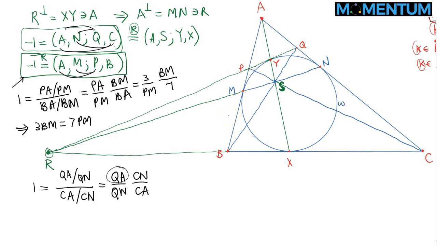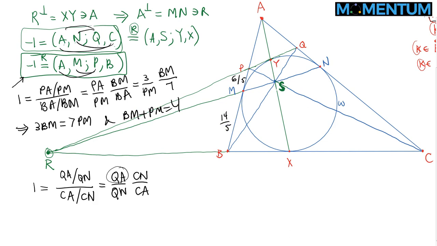So all you need now is to solve these two, and knowing that BM plus PM is equal to 4, if you solve it like we did in our first solution, you will get that PM comes out as 6 over 5, and from there you can also get BM as 14 over 5, I believe.